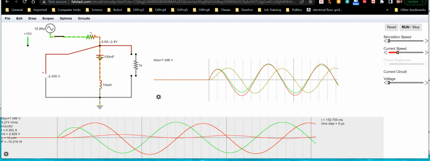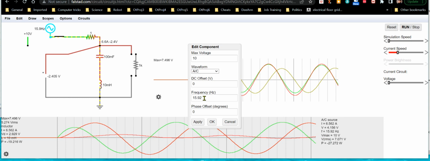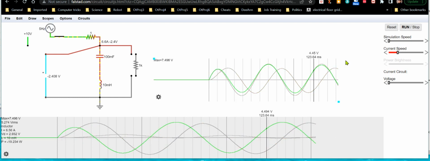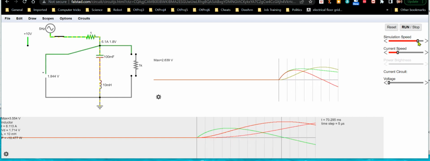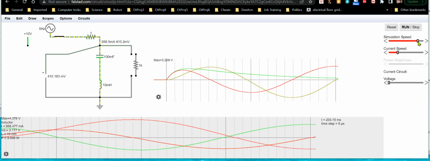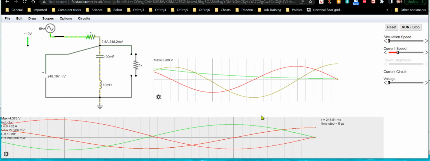Well, wait a minute. Okay, so let's reset it and run it at resonant frequency. If you're running at resonance, even though the capacitor values are different, you can still see the current waveform.